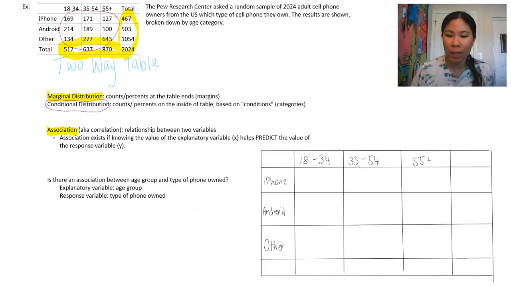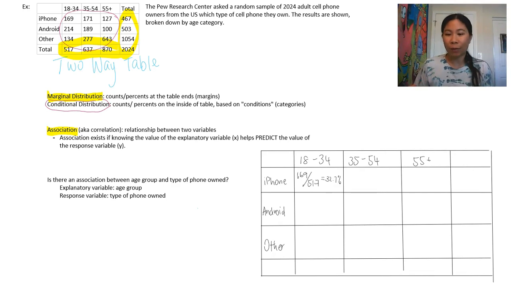So in the 18 to 34 age group, there were 169 iPhone users. So with a total of 517 18 to 34-year-olds, I'm going to take 169 divided by the 517 total of that age group, and that'll give me the percent of the iPhone users within that age group.